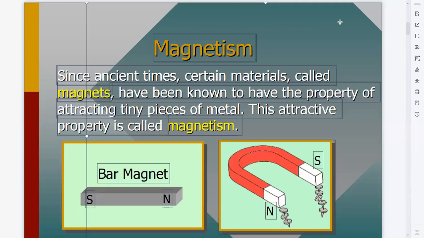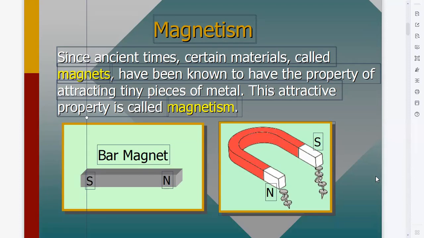Okay, now what actually is magnetism? Since ancient times, certain materials called magnets, and we have discussed these magnets and their properties, have been known to have the property of attracting tiny pieces of metal. So this is a bar magnet and also a U-shaped magnet, and both magnets have a south pole and a north pole.